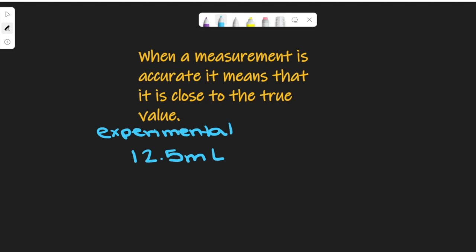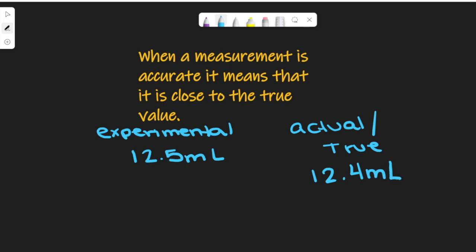But the actual, or sometimes called the true value, in this case is 12.4 milliliters. We see that there is a slight difference between the measurement that we took and the actual or true or accepted value of the volume of water.